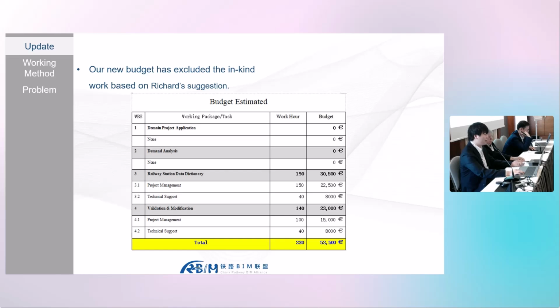However, after revising it, we found out that the actual money we need to pay will be around 53,500 euros, which is much less than what we had in our first version.